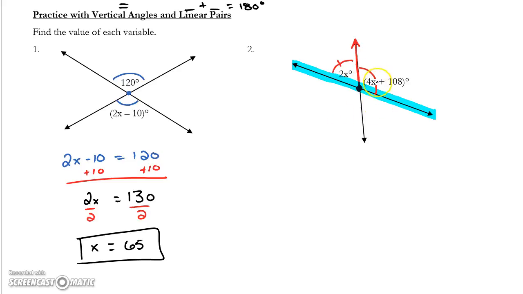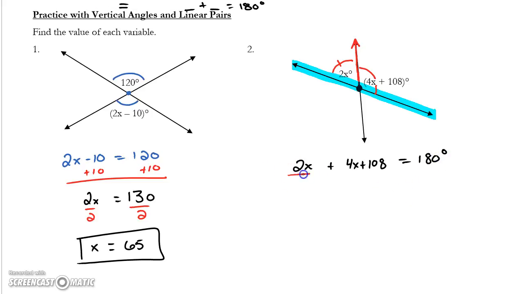They are different. What I do know is that since they form a line, they are a linear pair. The angle that's 2x degrees plus 4x plus 108 add together to equal 180 degrees, a whole line.